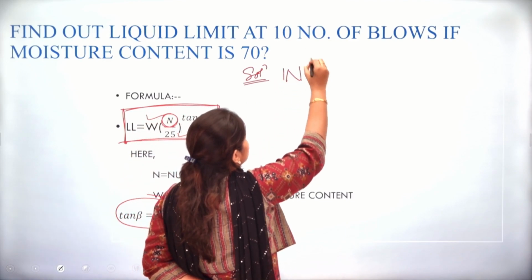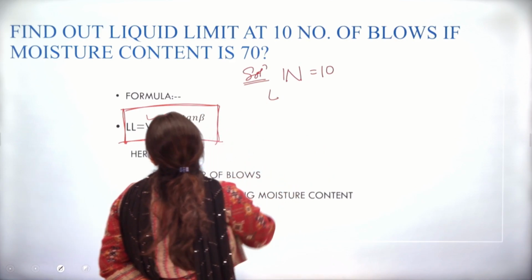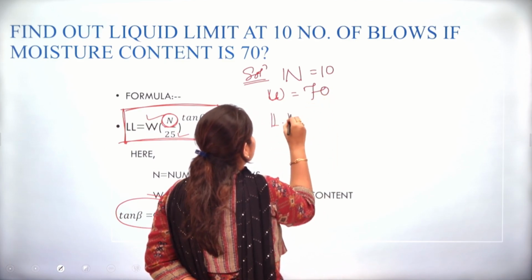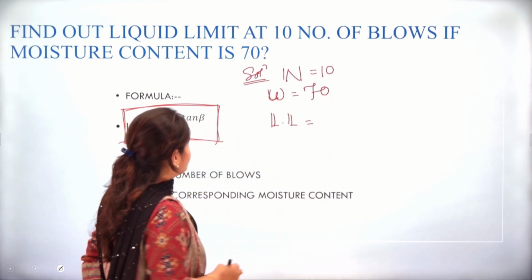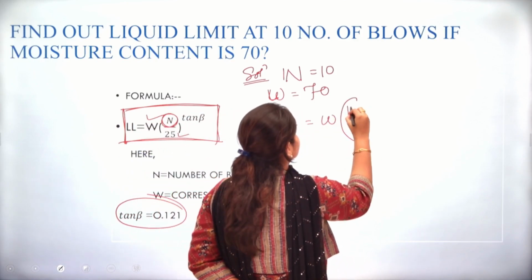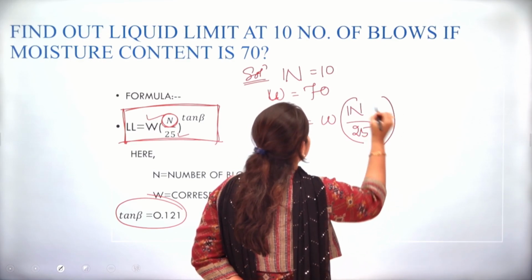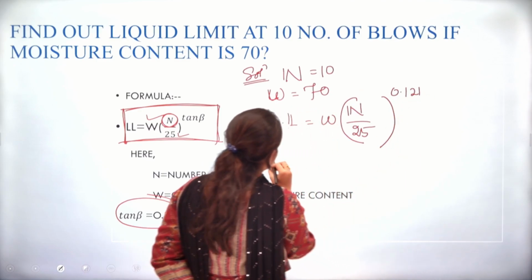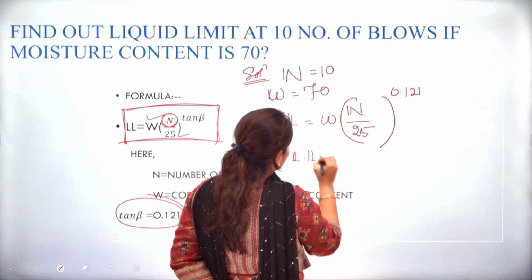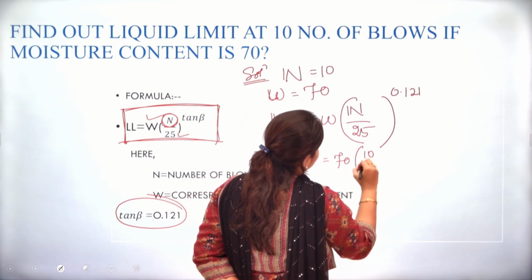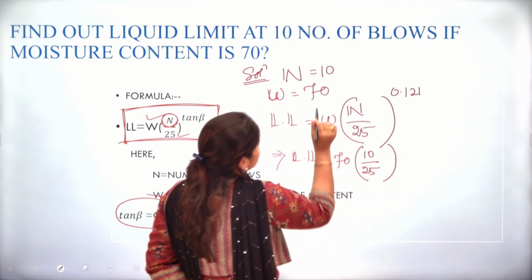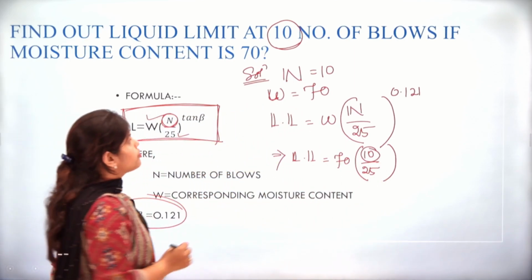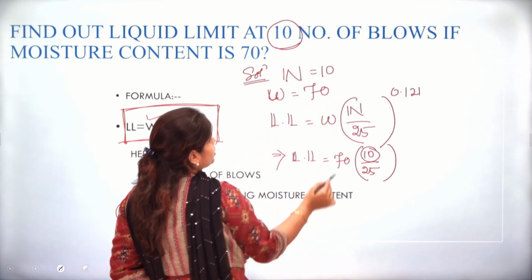Let N be 10 and W be 70. The liquid limit will be 70 into 10 by 25, to the power 0.121. As the number of blows is given as 10, we put 10 here. If the calculation is for 20 blows, we will put 20 here.